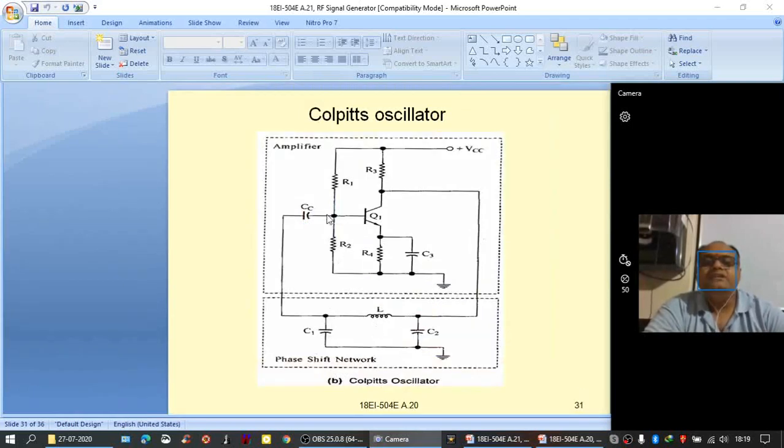And now you can see clearly the input, that is at the base of transistor Q1, the input is nothing but the voltage on capacitor C1. So this voltage is continuously amplified and is given as input to the tank circuit. Over a number of cycles, the amplitude goes on increasing and finally it reaches a stable value.